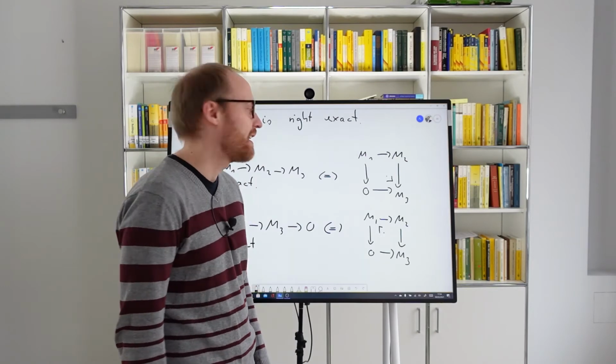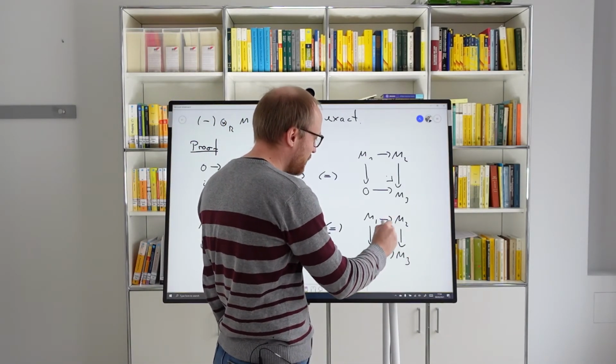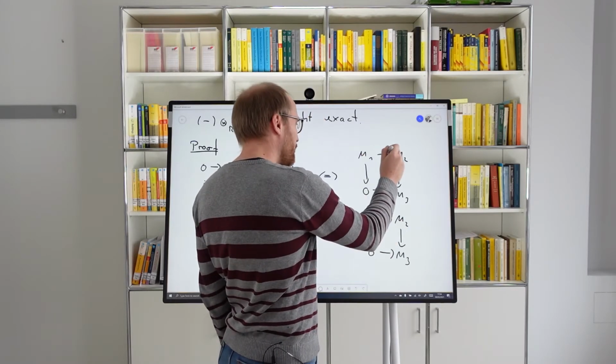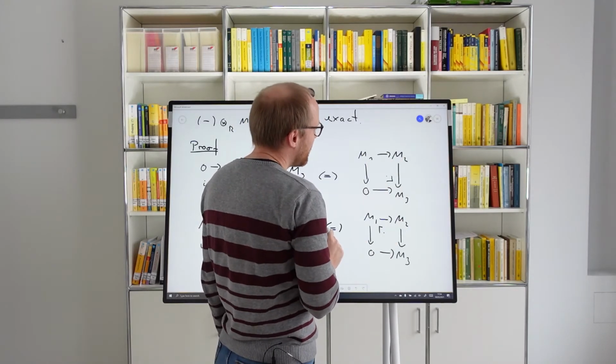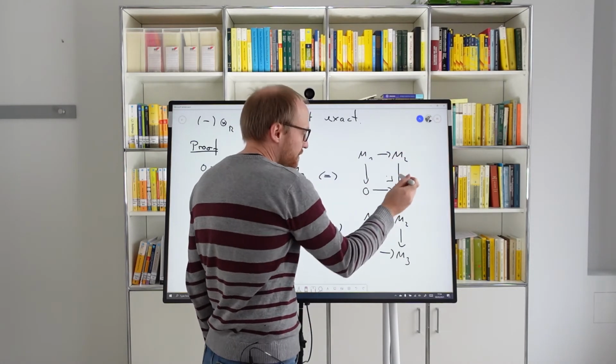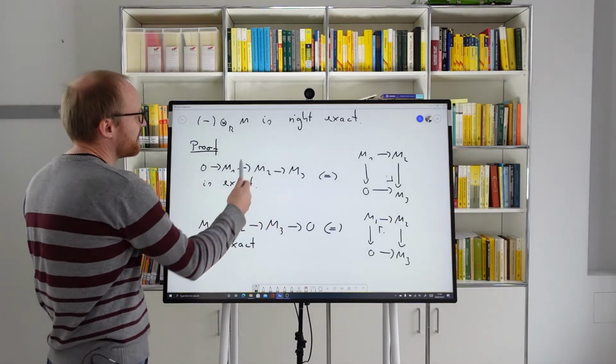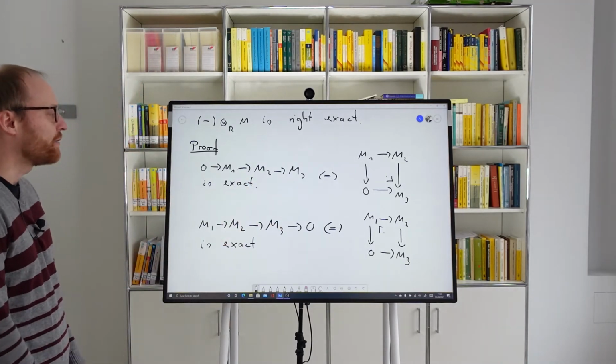And this is precisely saying it's the co-kernel. So the push-out of this diagram is the co-kernel of this homomorphism. The pullback of this diagram is this object here, that's the kernel of this homomorphism. These are the two dual statements which translate the exactness of these two exact sequences.